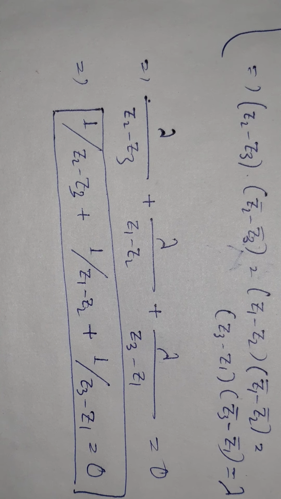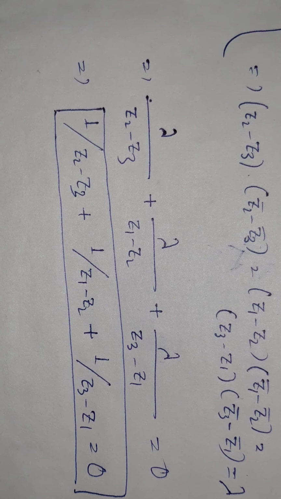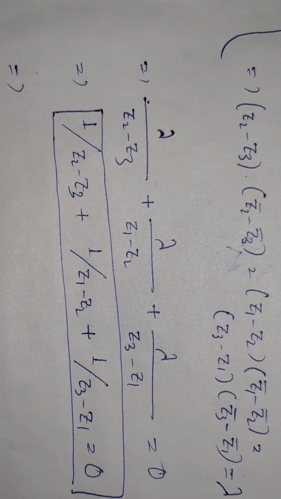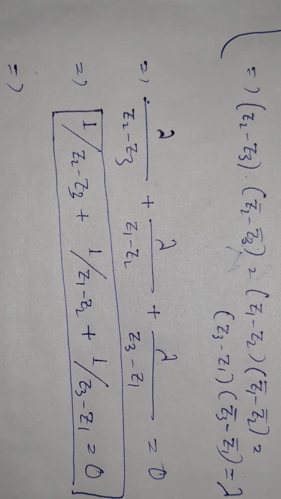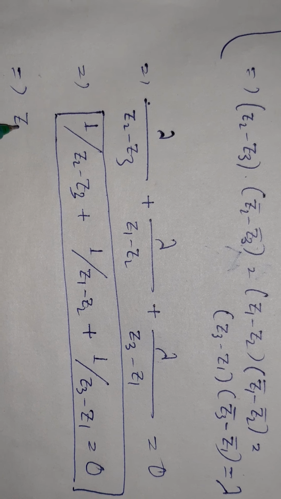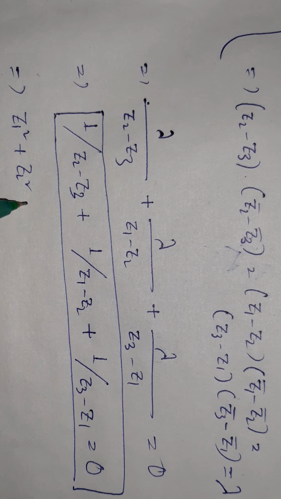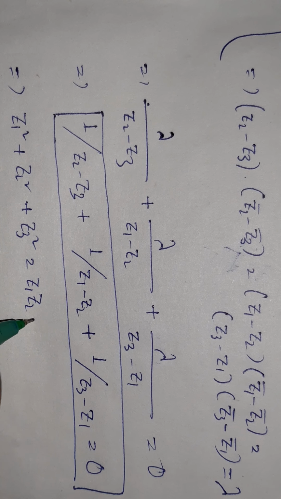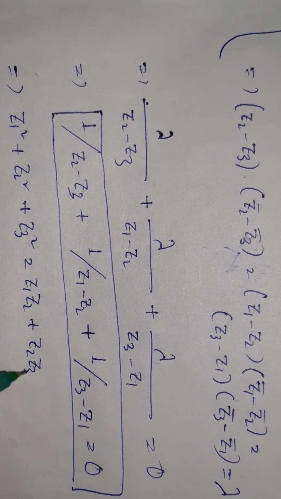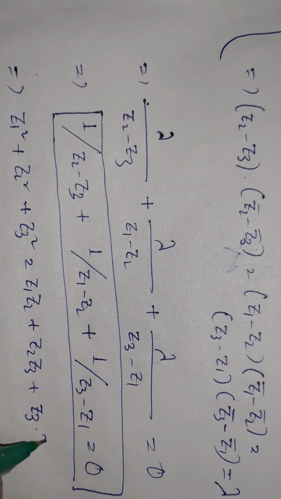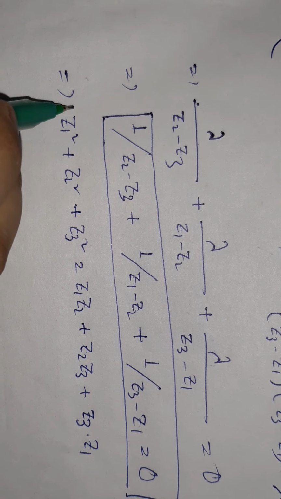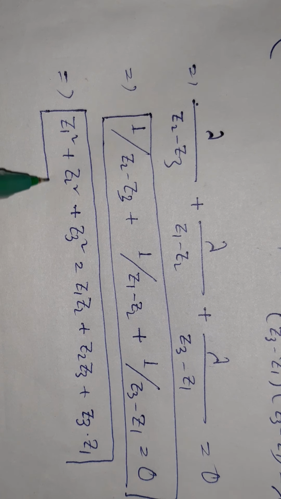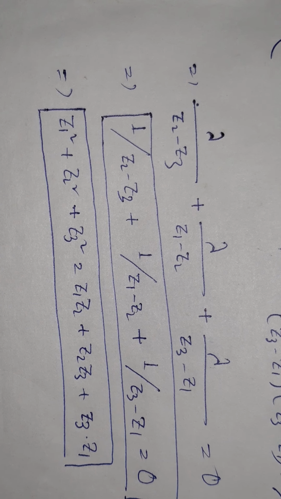If you simplify this equation, you get a very simplified version: z1 squared plus z2 squared plus z3 squared equals z1 z2 plus z2 z3 plus z3 z1. This is a very beautiful and simplified form of the coordinate relation of an equilateral triangle.